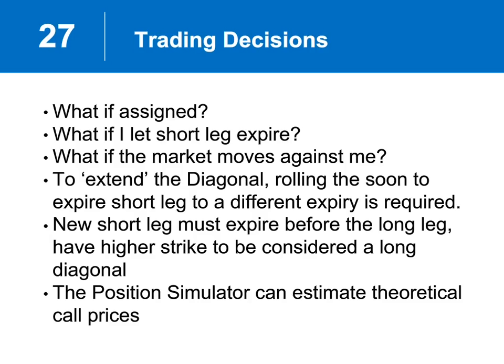Again, back to our previous example, we are buying November, selling December. We are long January 2015. So that meets our criteria to continue the diagonal call spread. And of course, the position simulator can estimate theoretical call prices for us.